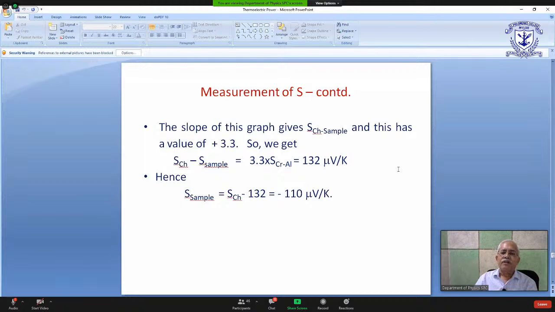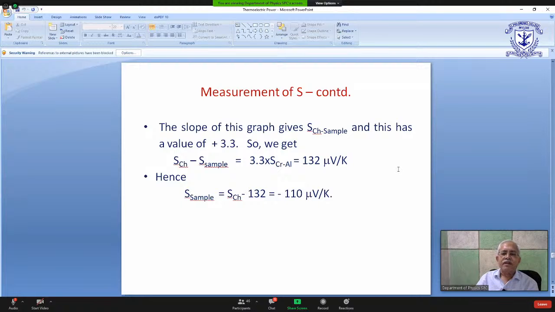So we have the Seebeck coefficient of the sample relative to chromel as 3.3, and therefore S chromel minus S sample can be written as 3.3 times S chromel alumel. So this gives us a value of about 132 microvolt per degree Kelvin.